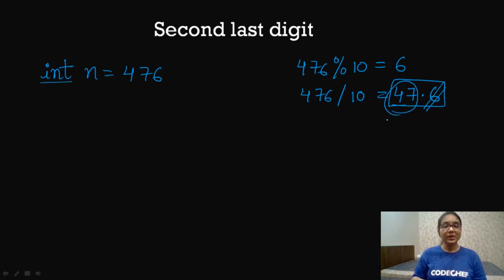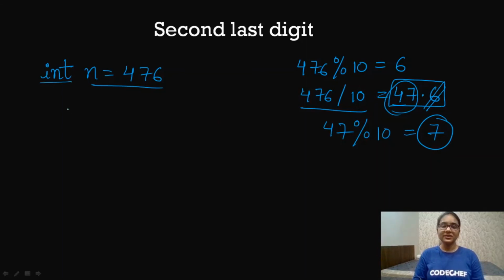And what is our requirement? Our requirement is the second last digit. So you see that if we perform this operation on n and then find out the last digit, after performing this operation we will be left with 47. Then if we perform modulus 10 on this, then we will be able to find out the second last digit of this number. So what are the operations that we will be using is n equals to n divided by 10.